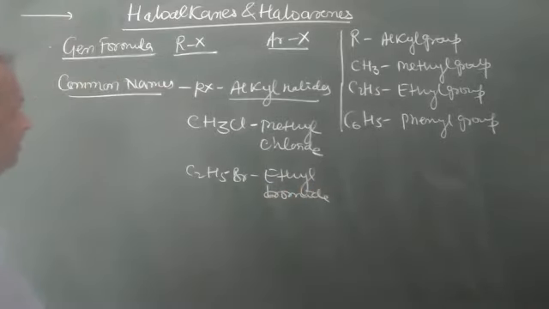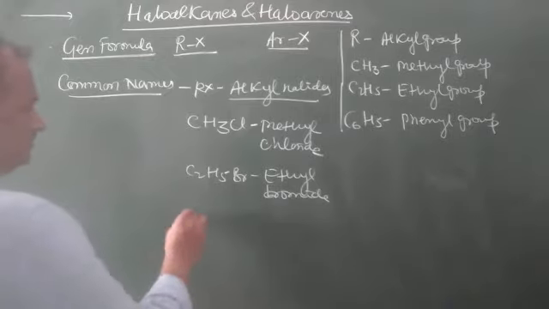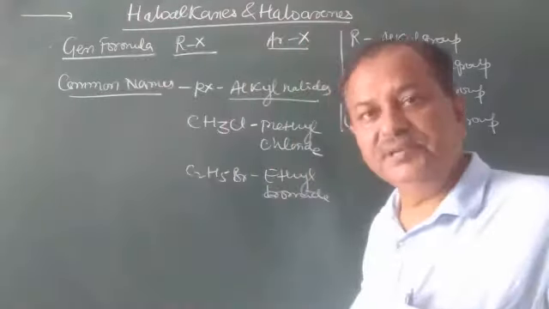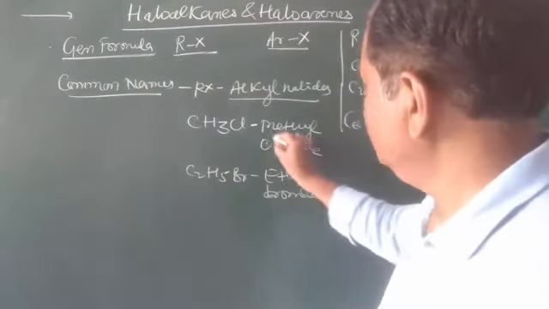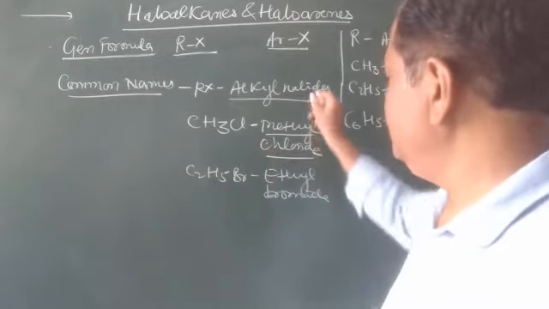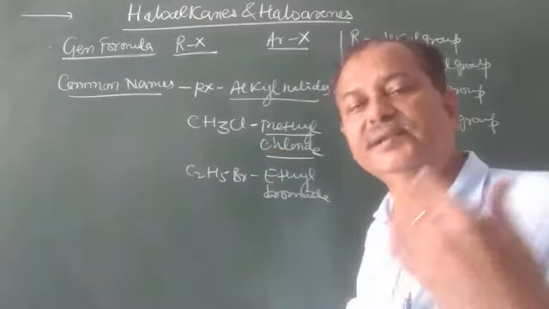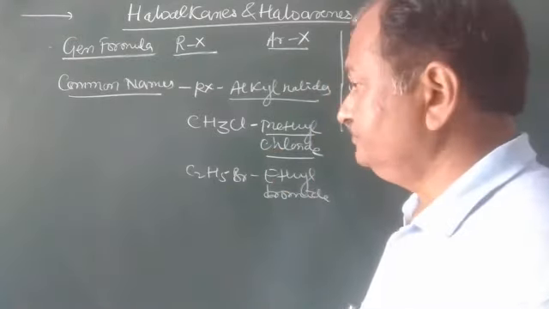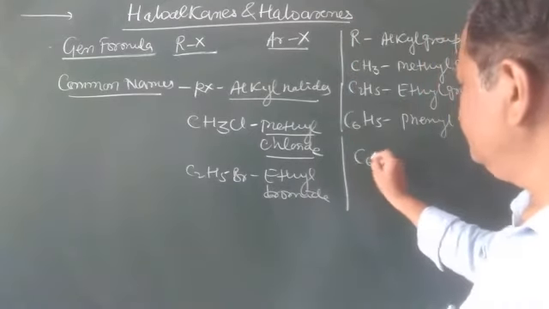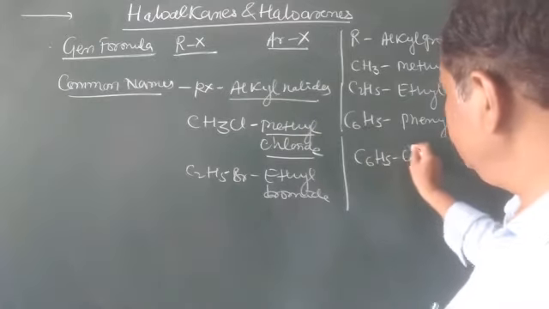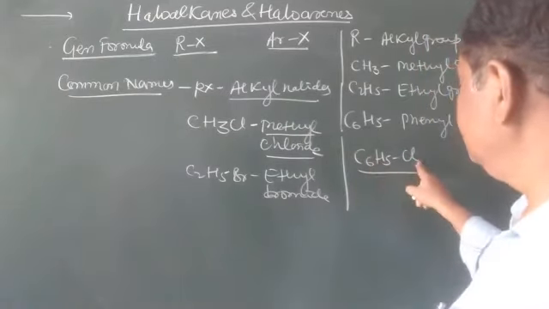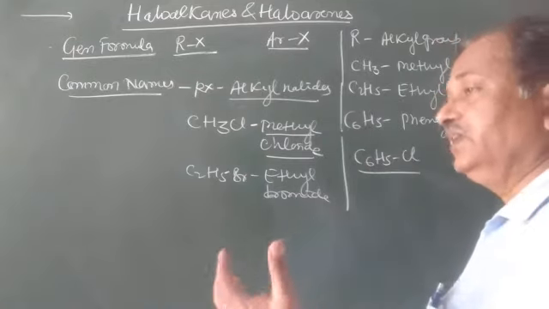Similarly, in case of others, we do naming like this in the common system: methyl means alkyl, and halide means chloride, bromide, iodide. Now coming to the aromatic side, if I write C6H5, the phenyl, there is a slight change in aromatics.